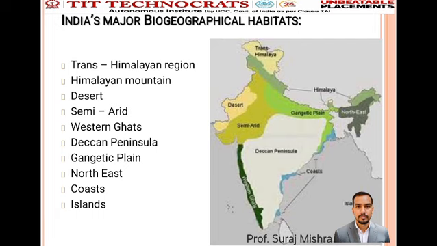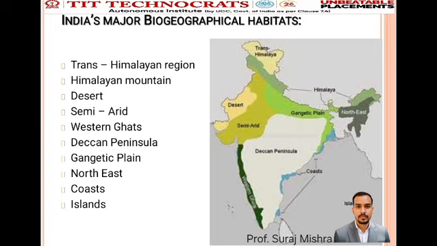In these regions, we find different varieties of neem and teak wood, and in terms of flora, different varieties of plants. And talking about the varieties of fauna, that is animals, we see here wild dogs, Bengal tiger, Indian elephant, leopard, black buck.